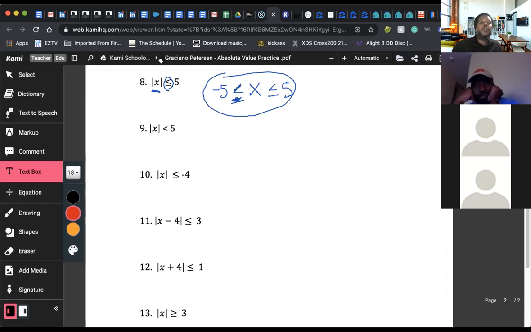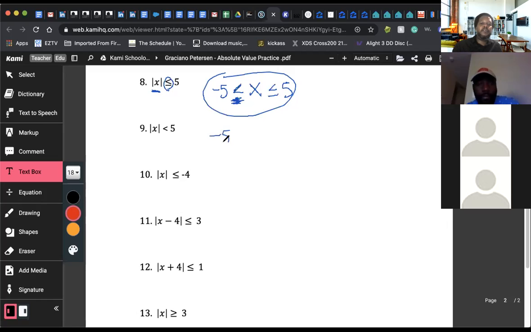Okay. So when we do the answers for our absolute value, we're going to have ranges now, right? Where we're going to have values that look like this, where we have a value before and after the x, right? It's going to be very similar answer for number 9, which is that we're no longer going to use the equal to.